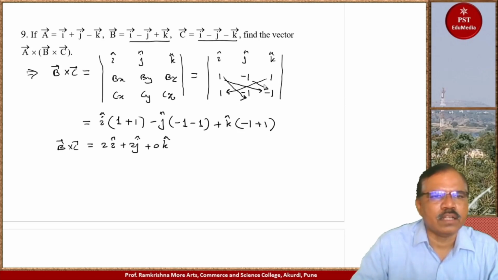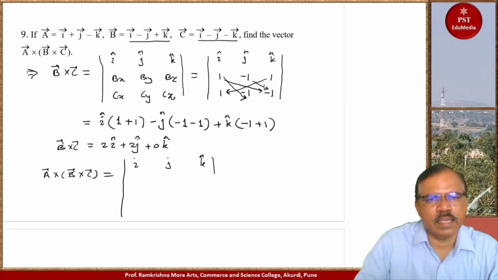We got the vector. Now what is A cross B cross C? It is now a cross product of two vectors. That is i, j, k, and here A is what? Ax, Ay, Az. And suppose this vector is D, then you can write Dx, Dy, Dz.